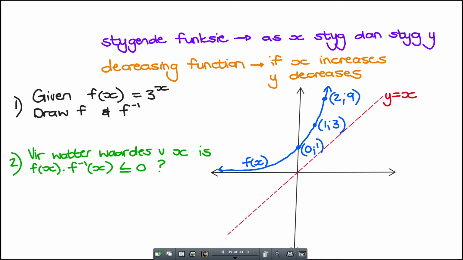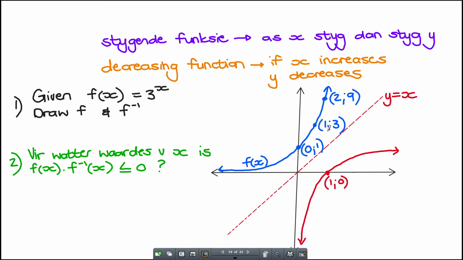Okay, is almal klaar met die inverse? Right, so that graph should look like this. Hy's nou nie so mooi perfek nie. Kyk gou. This coordinate where x is 0 and y is 1 gaan wees x is 1 en y is 0.